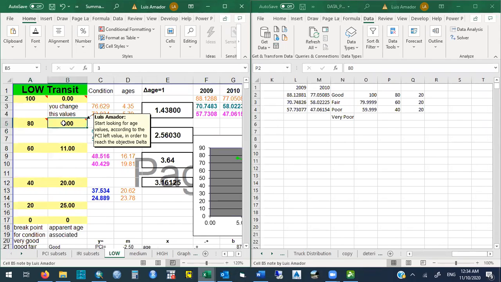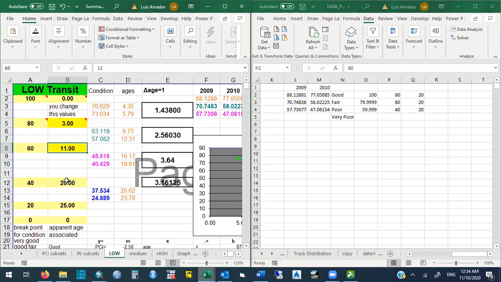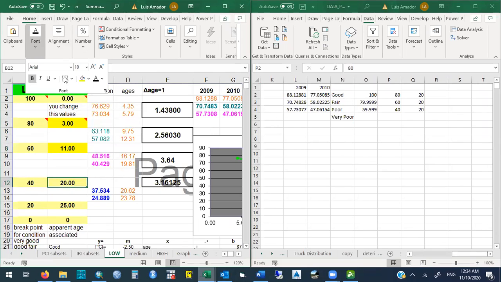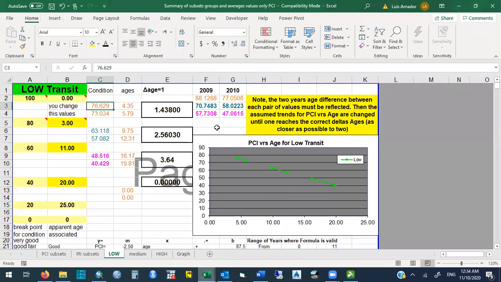Now, the values I don't know are these. This one doesn't matter because I don't have information. Oh, this is copied manually. Yeah, so don't pay attention to this. This information is not there. It should have been linked to that. So this is not linked. So hold on a second.